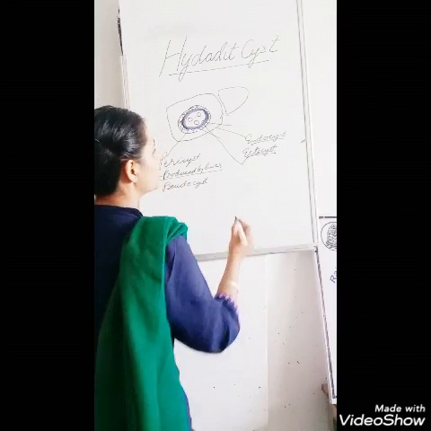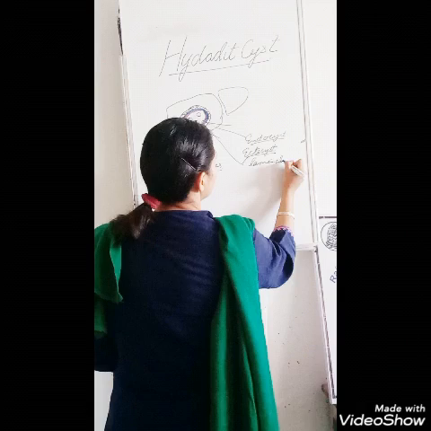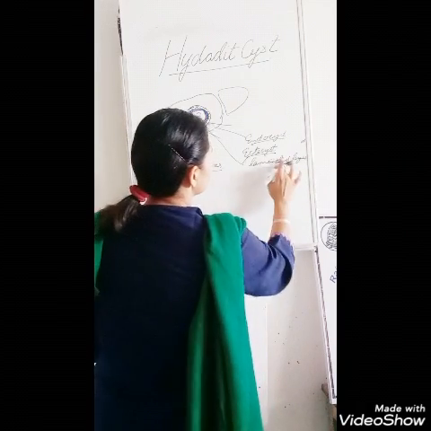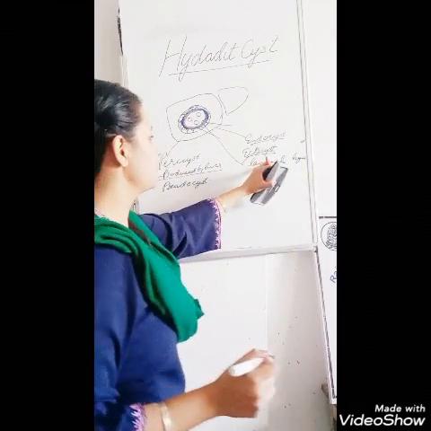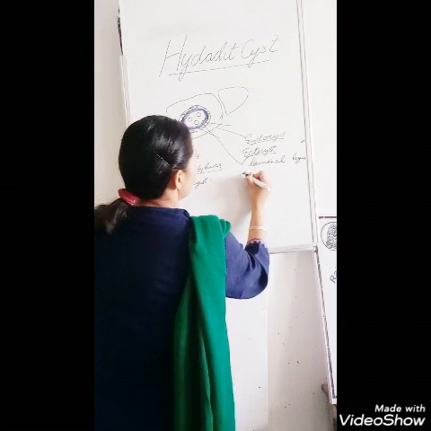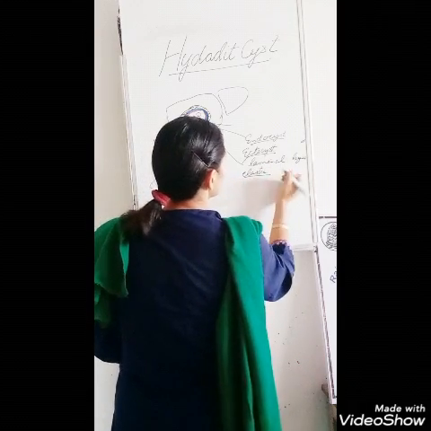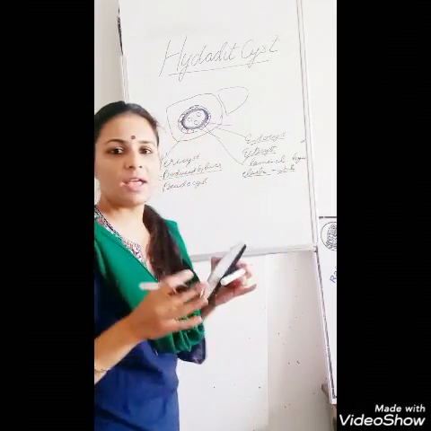Outside, this ectocyst is a laminated or laminar layer. It is elastic and white in color, like we have seen with eggs.